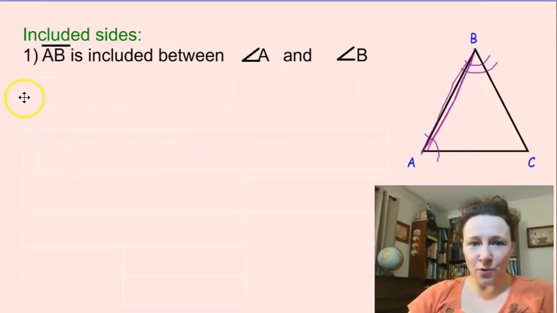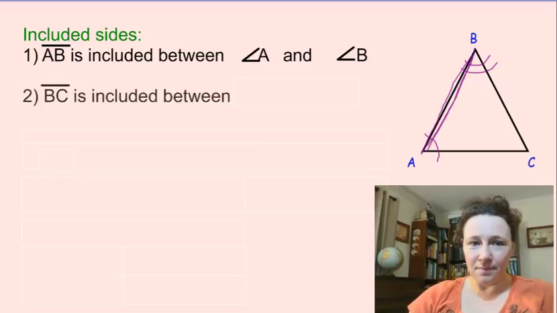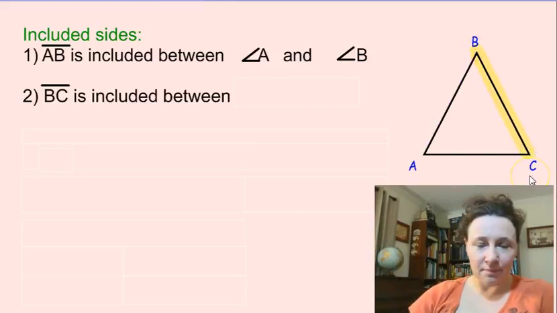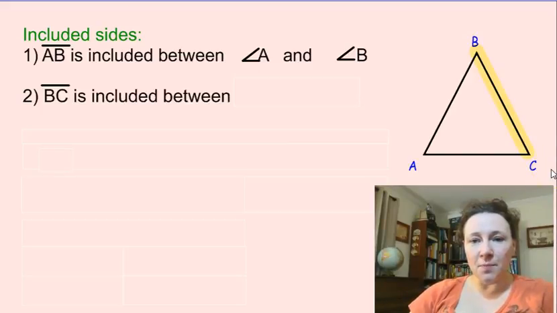Let's try it on your own. Let's compare the results. BC is included between. BC is right here. And the elements between which BC is included must be touching BC.